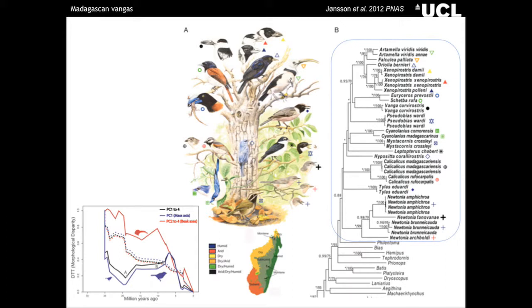They've not only diversified into different habitats on Madagascar, so you've got tropical rainforests to the east and drier forests to the west, but they've also diverged in body size. You can see that from that diagram. So here are some examples of adaptive radiation.